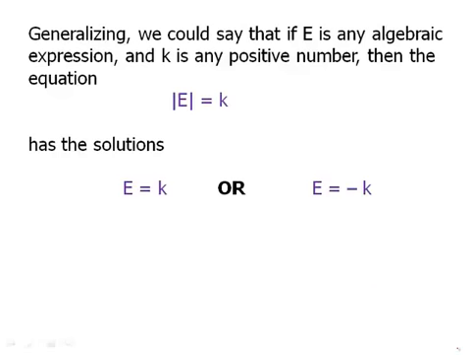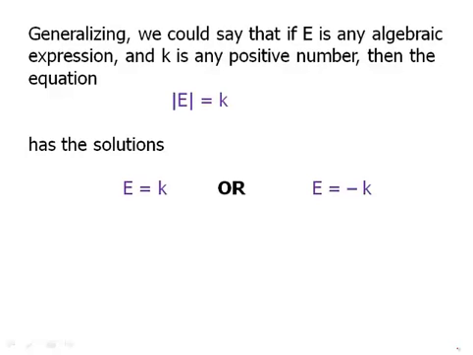Generalizing, we could say that if E is any algebraic expression and K is any positive number, then the equation absolute value of E equals K has the solutions E equals positive K or E equals negative K. I should hasten to add here, this notation I'm using E for an expression, I just made this up on this page. This is not a general notation that you're going to see anywhere else. I'm just using it for shorthand here.